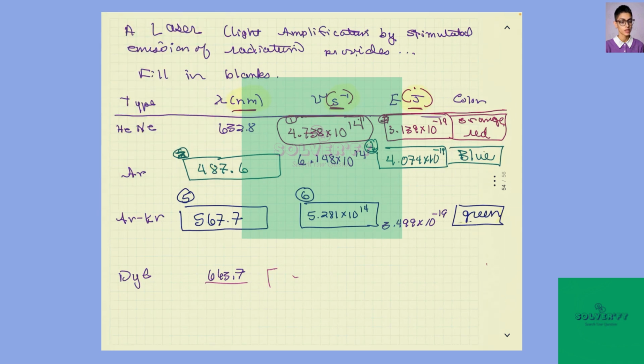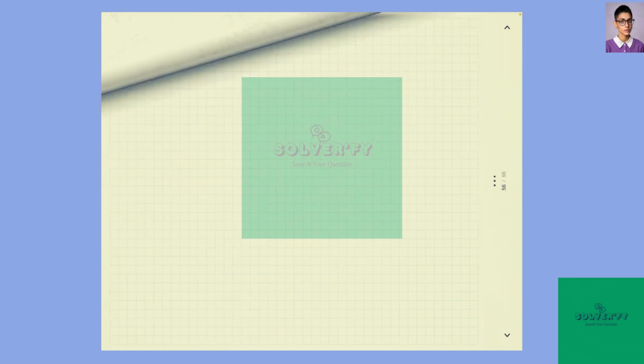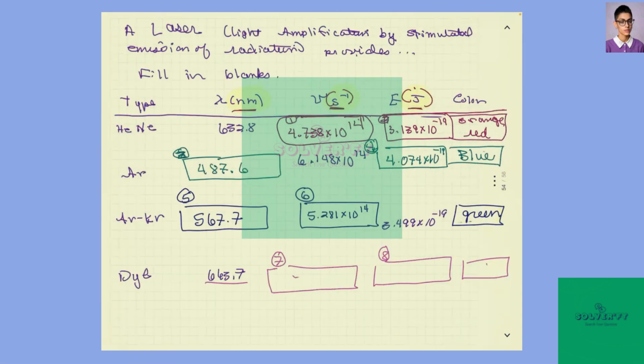We'll be doing calcs 7 and 8, where we're calculating frequency and energy. Frequency will be calculated by taking the speed of light divided by our lambda, and I get 4.517 times 10 to the 14th, s to the minus 1.